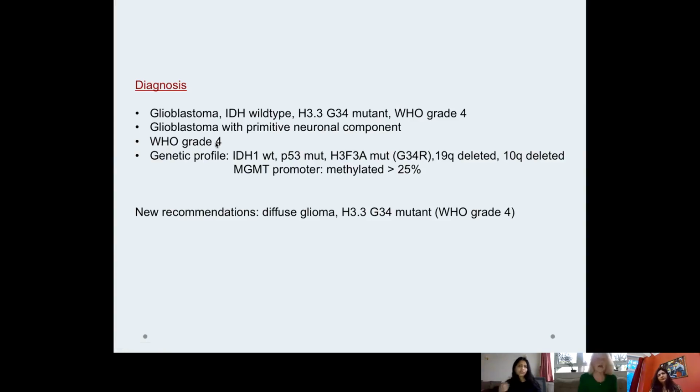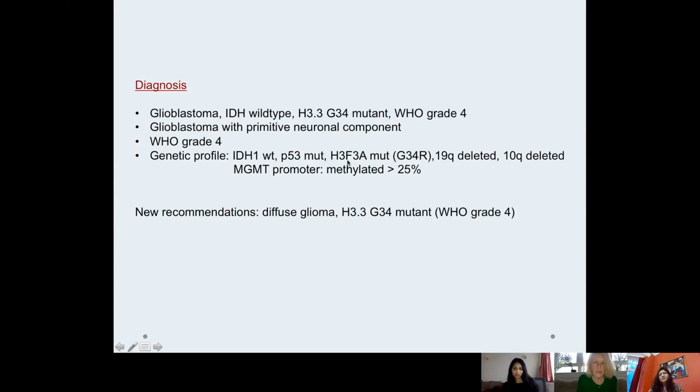And here sequencing showed an IDH wild-type tumor, confirmed as anticipated with immunohistochemistry, the p53 mutation, and also shows a mutation in the histone 3 H3F3A gene, and more specifically the G34R mutation, and also the presence of deletion in 19q and 10q.